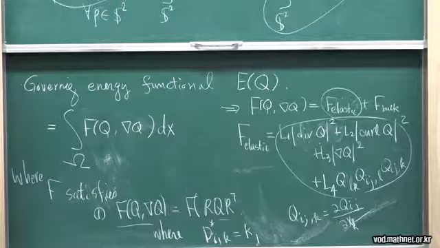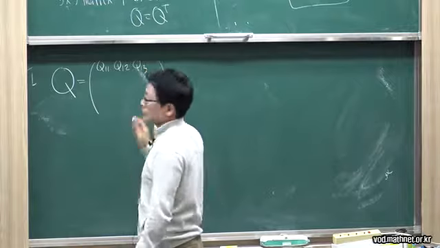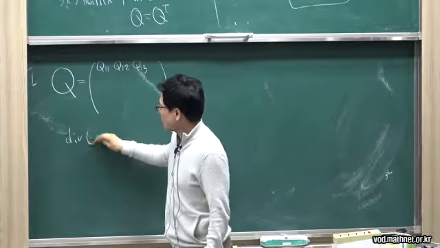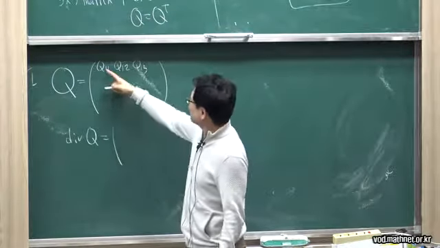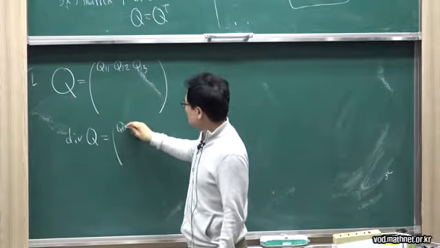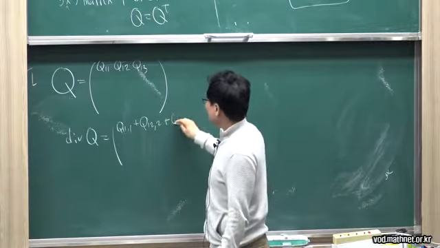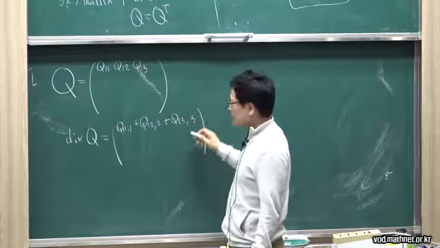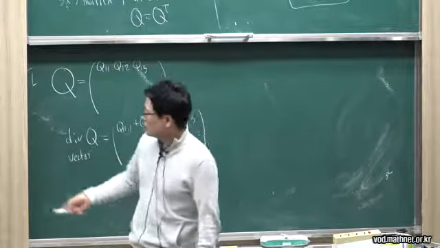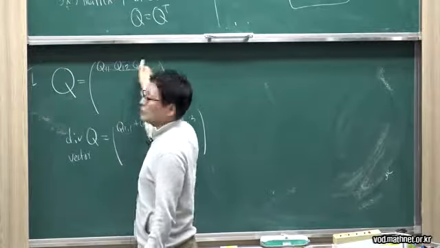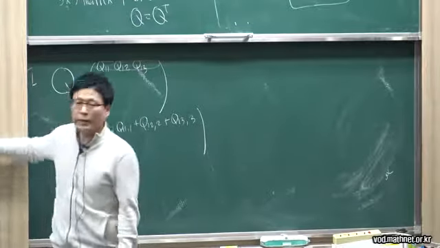So here divergence means you have Q11, Q12, Q13, you take this as one vector and take divergence: derivative of Q11 with respect to 1, plus Q12 with respect to 2, plus Q13 with respect to 3. And this actually gives a vector. Here curl means you consider this as one vector and compute the curl of this vector, and they have 3 components.